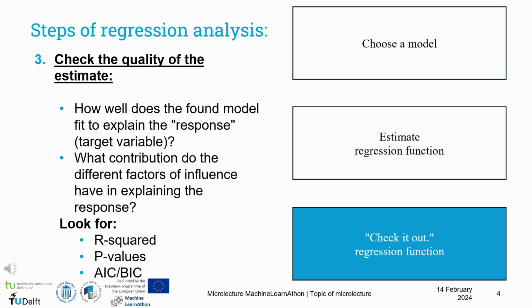We usually start by looking at the coefficient of determination, or R-squared, which tells us what proportion of the variance in the response variable is explained by our model. A higher R-squared generally indicates a better fit, but we should be cautious. A high R-squared doesn't always mean the model is good, especially if it's overly complex or includes irrelevant predictors.